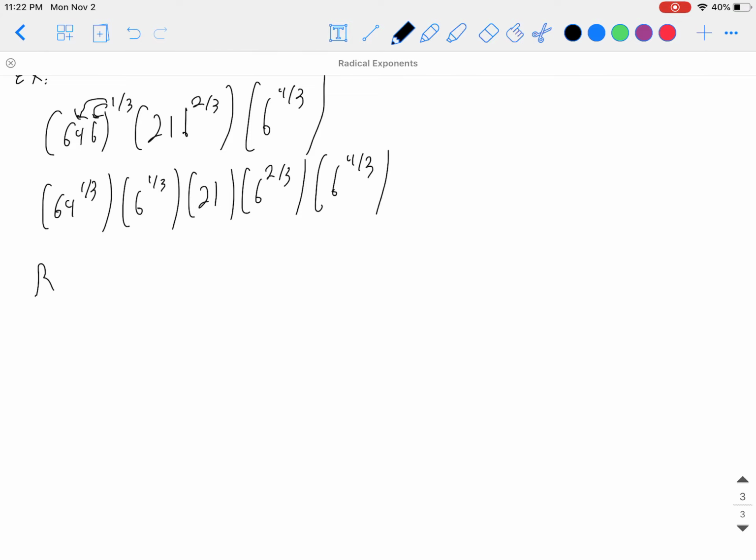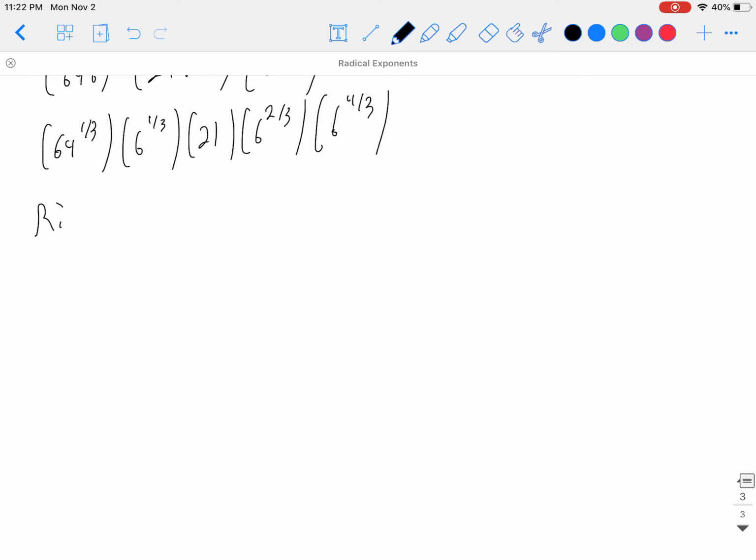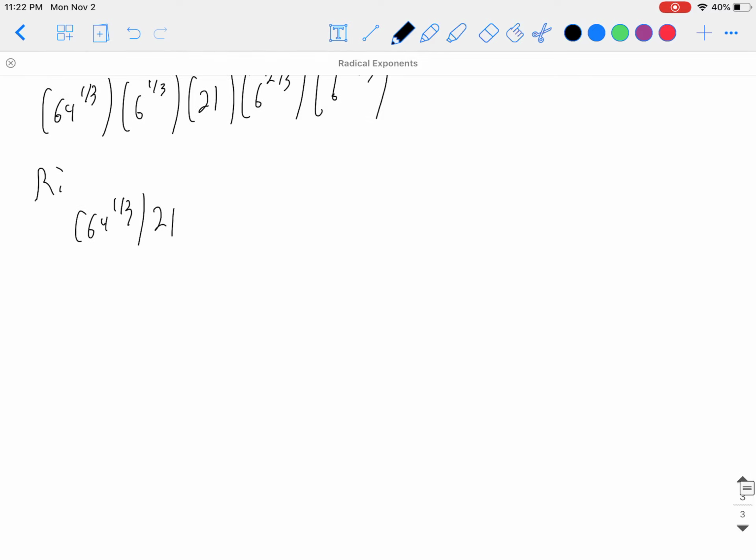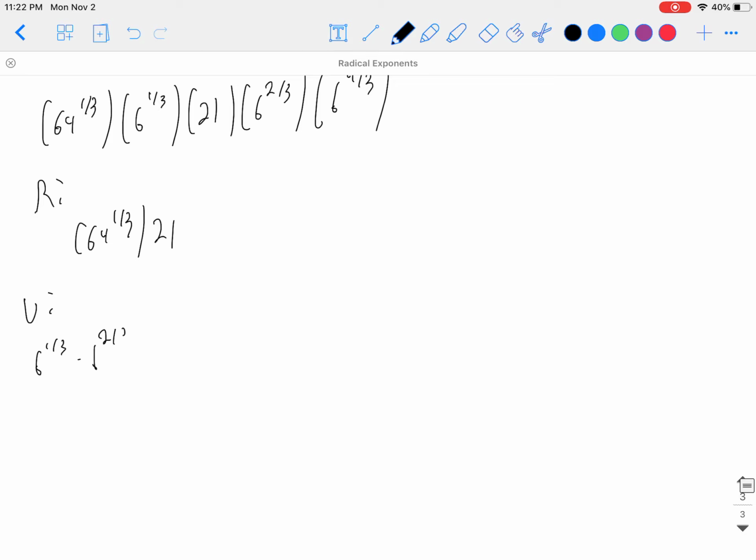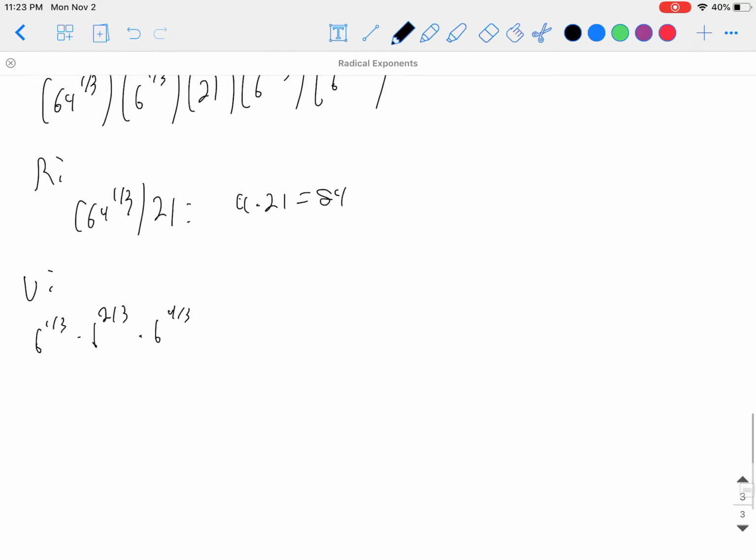If we separate the real numbers and variables, we have 64 to the 1/3 times 21, and as the variables, we have b to the 1/3 times b to the 2/3 times b to the 4/3. If you type into your calculator 64 to the 1/3 power, you get 4, giving us 4 times 21 equals 84 as the simplified real number.